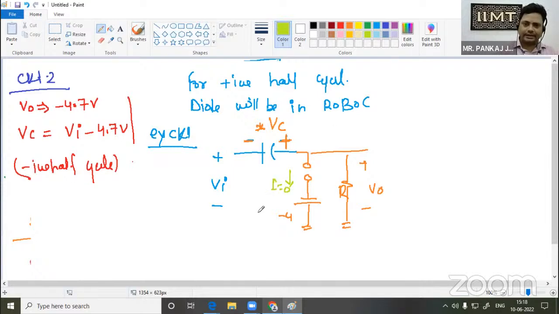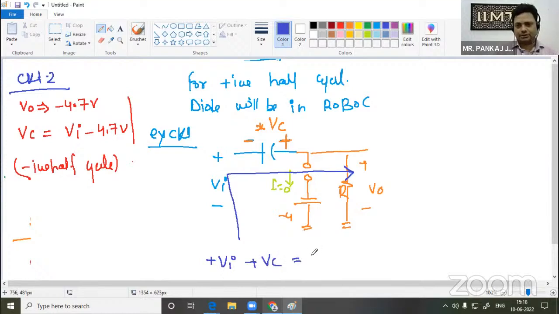So I will write a KVL starting from here and I will go towards V output. So I will write plus Vi plus VC, that will be equals to V output. Now in next step I will keep the value of VC what we have calculated in first half cycle.